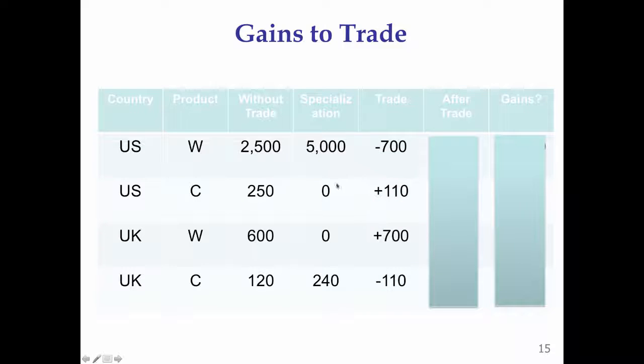The US would be willing to export, that's a minus, they're getting rid of 700 tons of wheat, and in return, they're importing 110 computers. In the UK, it's just the opposite. They're importing the 700 tons of wheat and exporting those 110 computers.